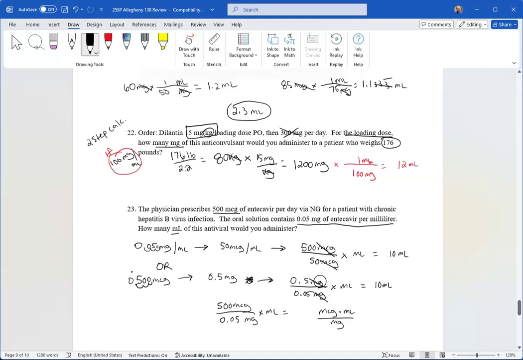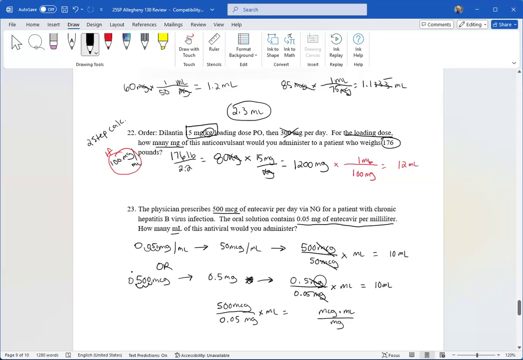And I know not all of you are canceling out units, but that's the benefit of showing your units and writing them out, because then you can see, hey, something doesn't make sense here. And then you get a number like, because 500 divided by 0.05, you get 10,000.